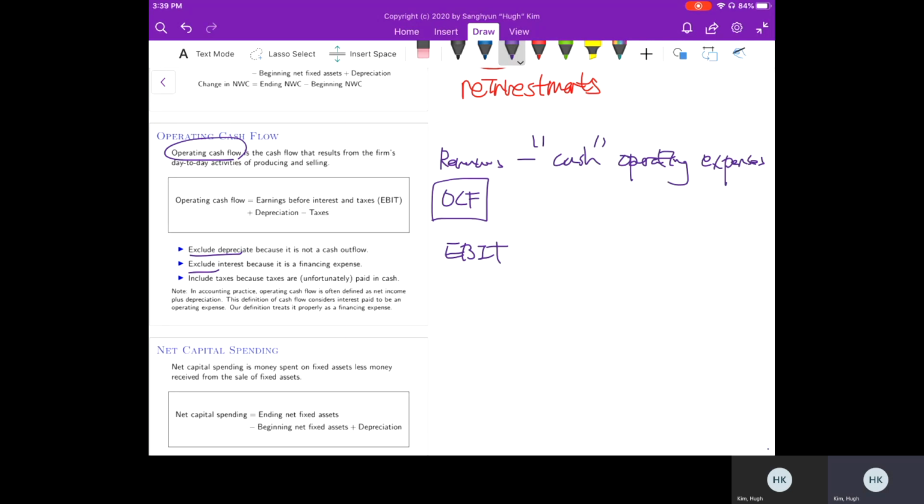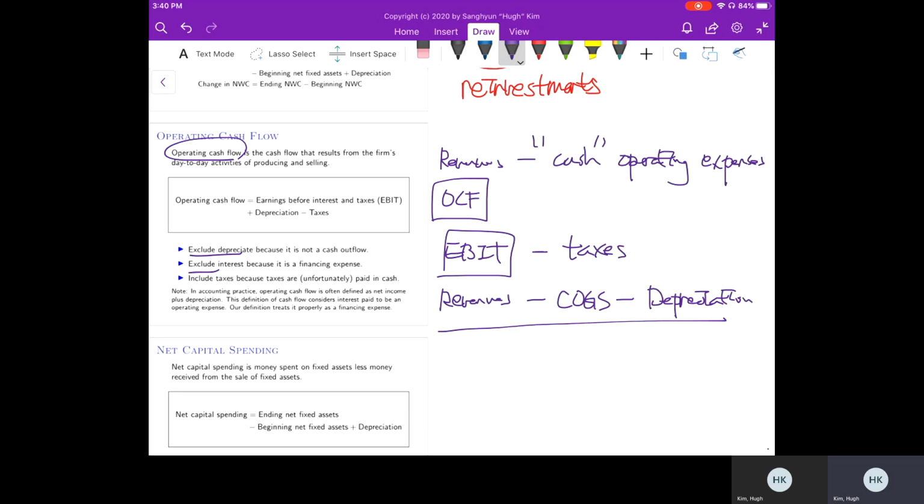So we subtract taxes as an expense, right? But EBIT is revenues minus COGS, in our example, minus depreciation.